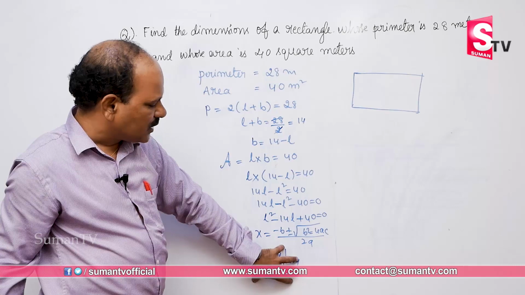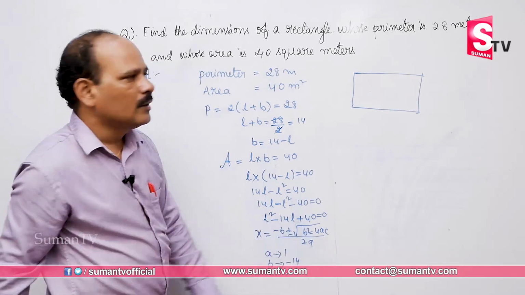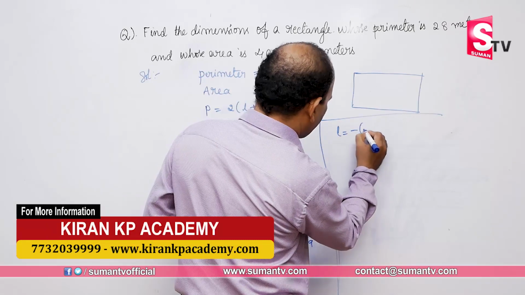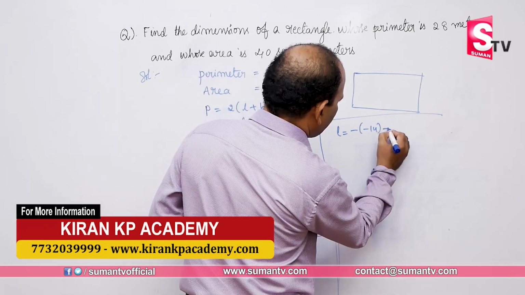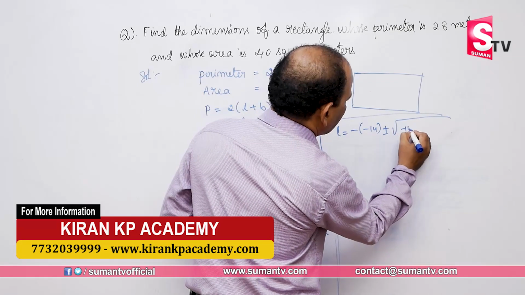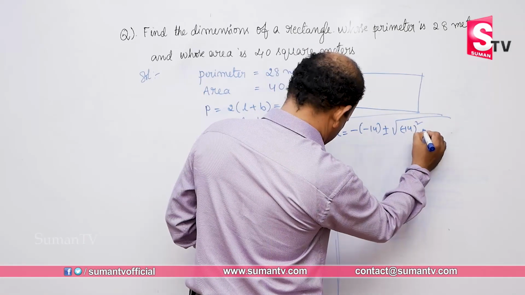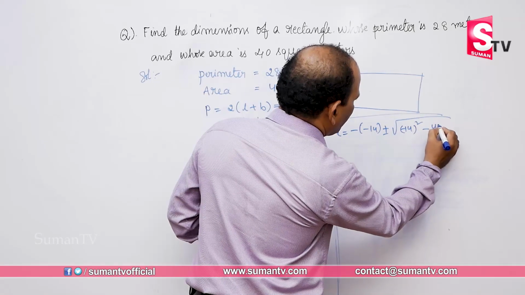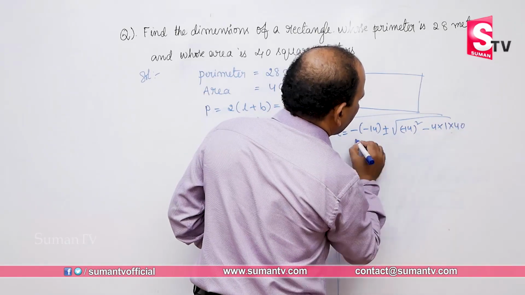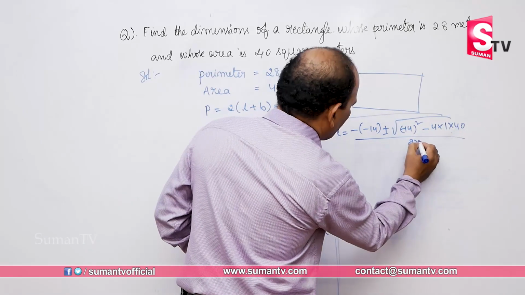These three values I am now substituting in the quadratic equation formula. Minus of minus 14, plus or minus root of minus 14 whole square minus 4 into A, 1 into 40, by 2 into 1.